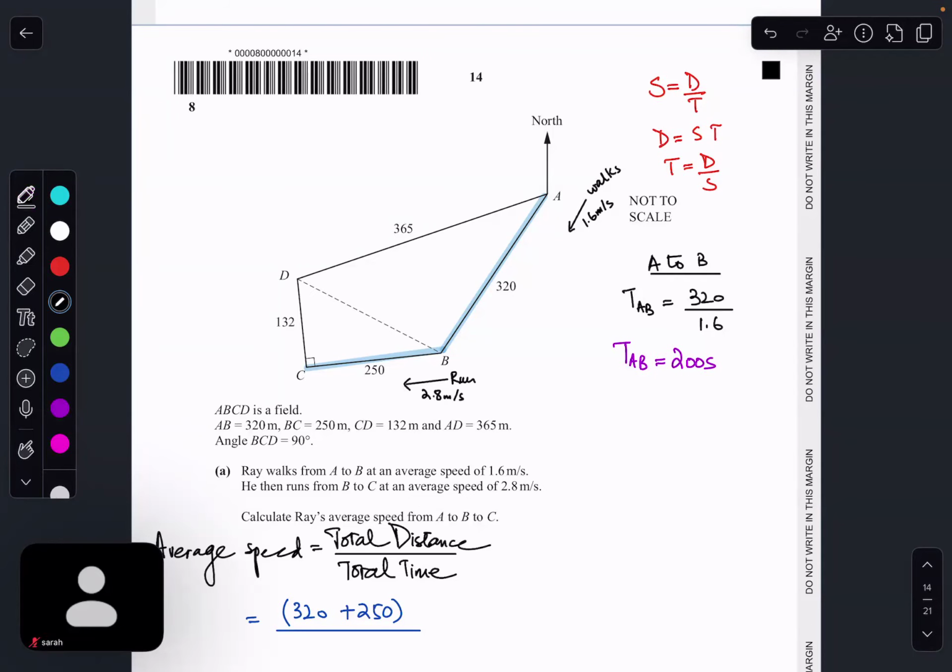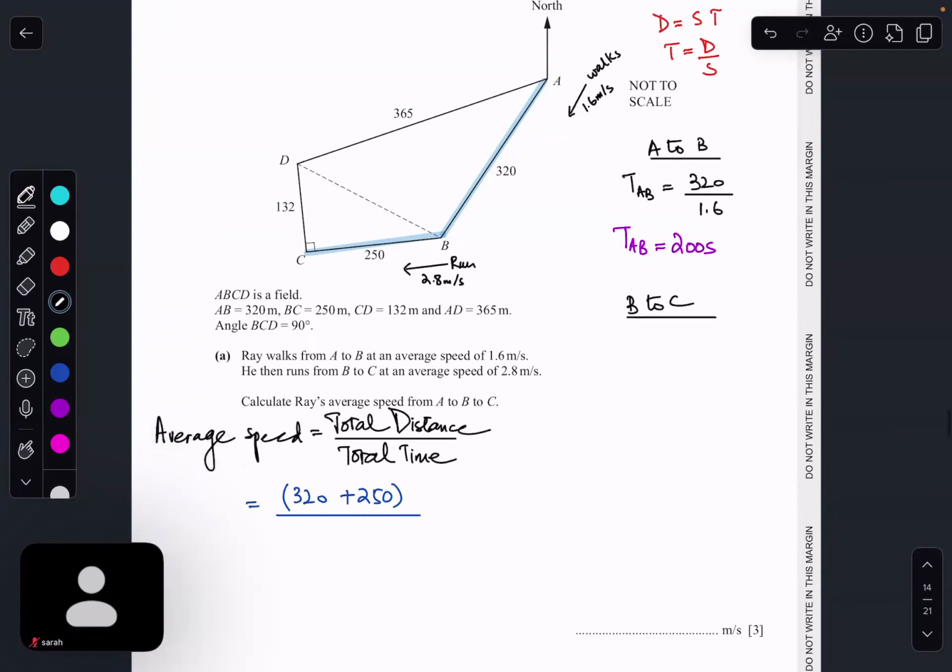And then B to C. For B to C, time should be the distance 250 over the speed 2.8.